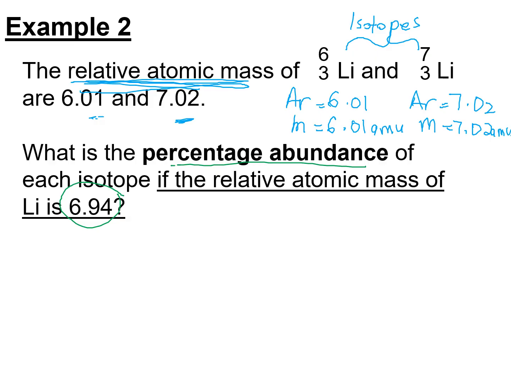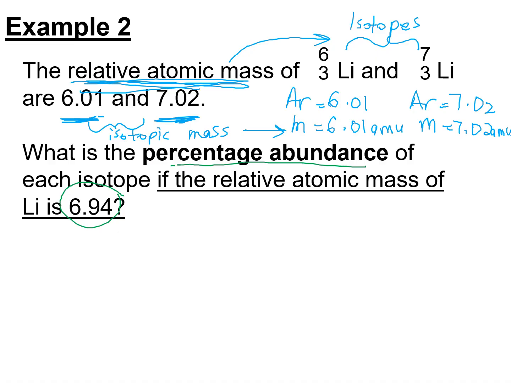You kena alert. Kalau dia bagi relative atomic mass untuk isotopes, you can safely assume that these numbers actually are their isotopic mass.